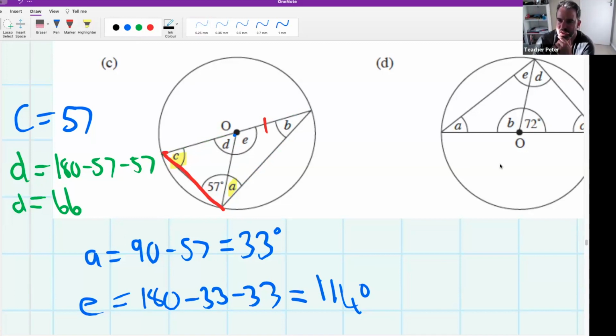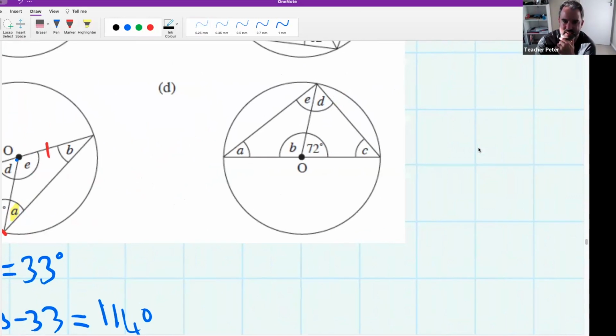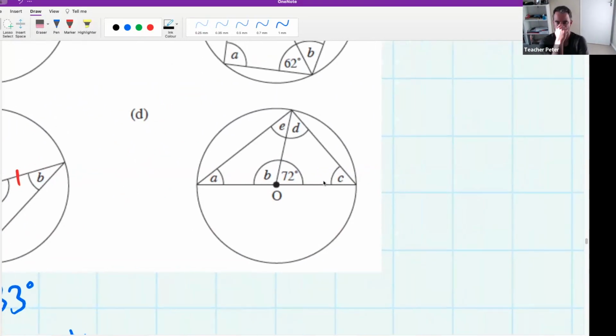Thank you, sir. Okay, let us look at the next diagram. I'm going to give you some time, see if you can find what A, B, C, D and E are, using the facts that you know about circles.